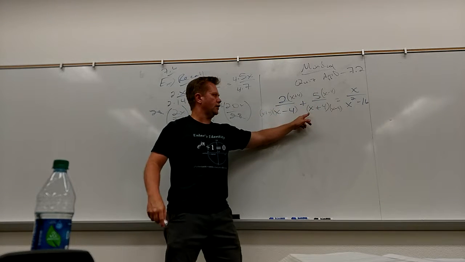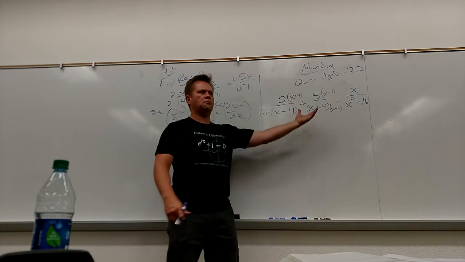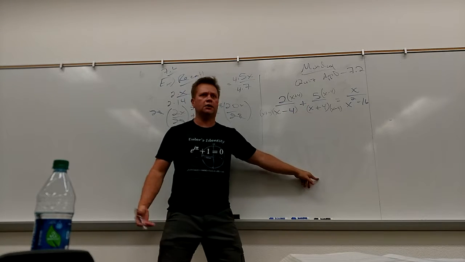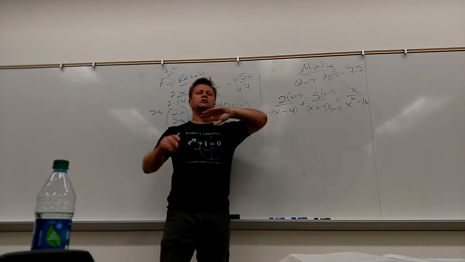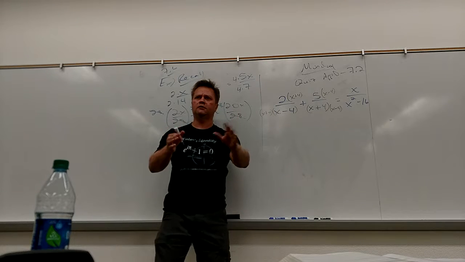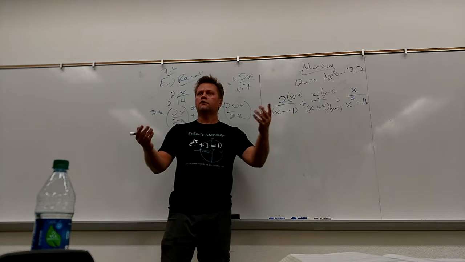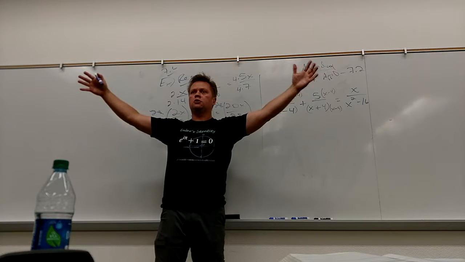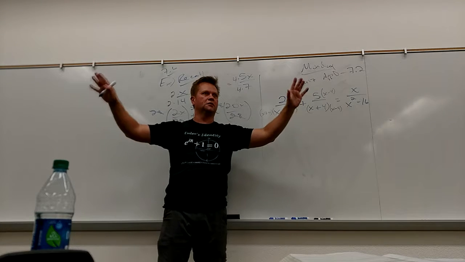I love students who get angry. They're like, why did math tell me the answer was 4 when it can't be? Well, math didn't know what to say to you here, right? We did something illegal. Are you allowed to multiply both sides of an equation by 0? Even if nobody's ever told you that directly, do you think you're allowed to do that? If you multiply both sides of an equation by 0, you end up at 0 equals 0. You lose all your information.